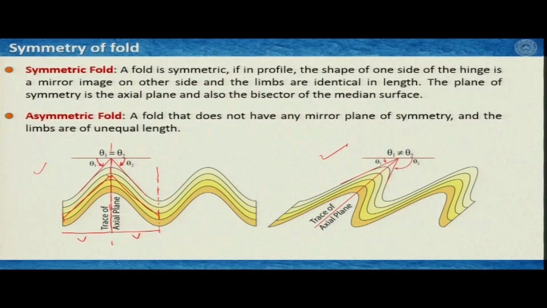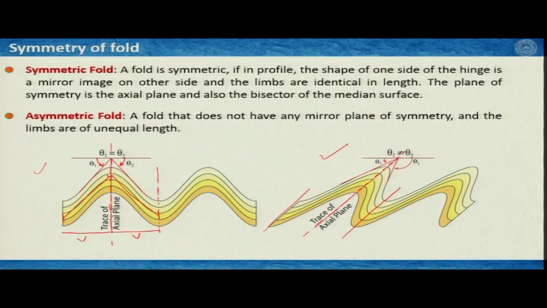In contrast, in an asymmetric fold, there is no plane of symmetry, or there is no plane of mirror image. So you can see that if I consider this segment of this fold and this line, or any other line, you cannot produce a mirror image of the other side.